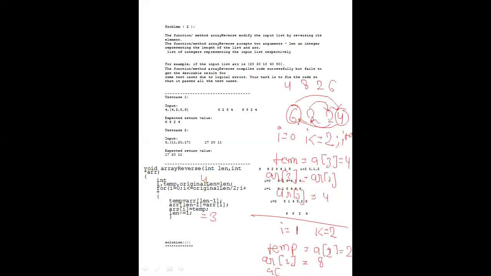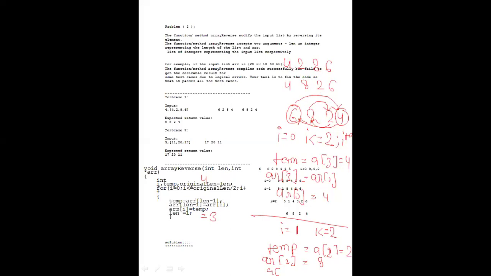So both we have swapped. After swapping 8 and 2, the array became 4, 2, 8 and 6. Is it fine? My array became this manner. Am I saying right? Is it correct? Have we done it right?